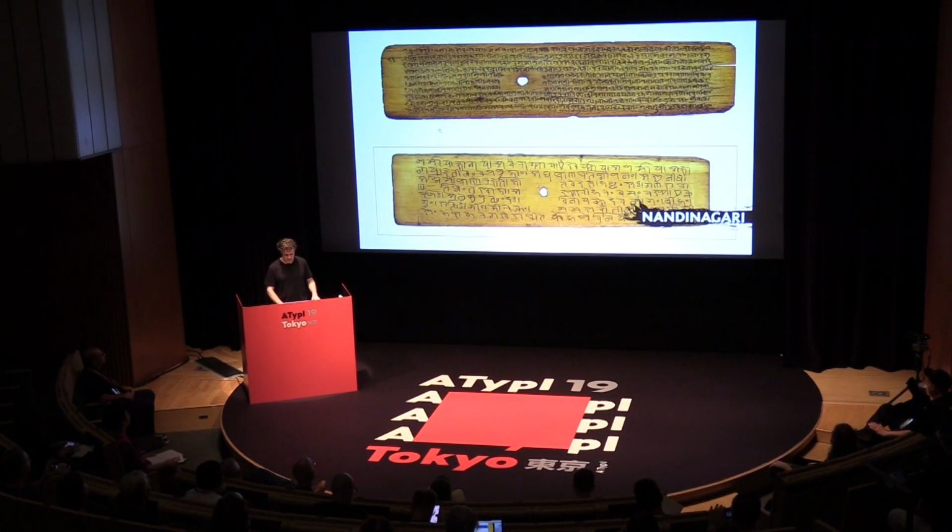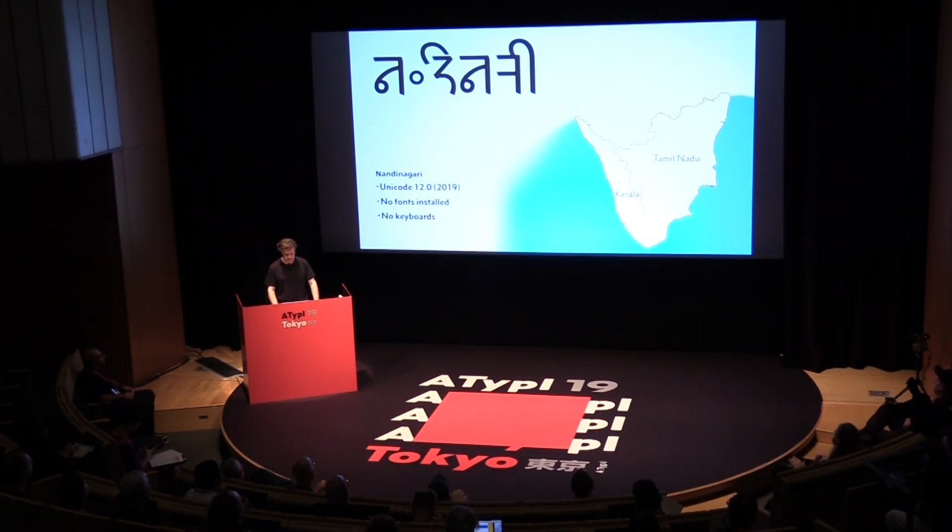Another one, Nandinagari. Another historic script related to Devanagari, which is, as many of you know, the main script for Hindi and also used in other various languages. This was encoded this year, just months ago. And so there's no fonts installed by default. There are no keyboards yet.